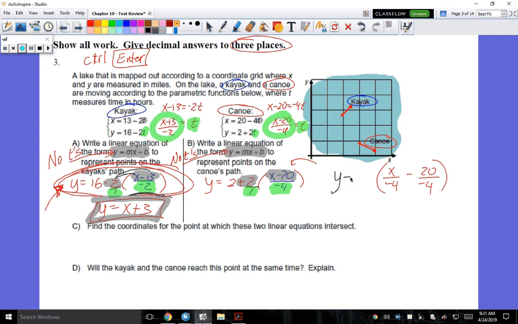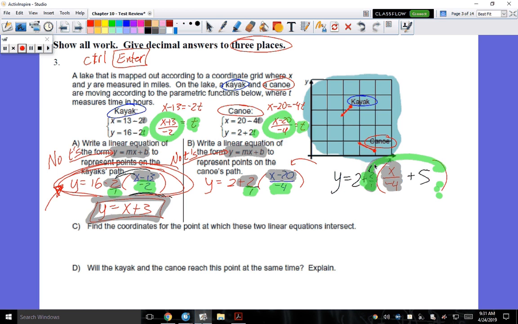It's still y is equal to 2 plus 2 over 1. Again, just like we did by hand, we're going to distribute this on this first one, and then we will do the same with the positive 2 over 1 distributed way over here. Now you probably already noticed there's some things that we can simplify, and we can take this negative 20 over negative 4, and negative over negative is a positive, so we'll just say positive 20 over 4, which of course is going to reduce to 5.